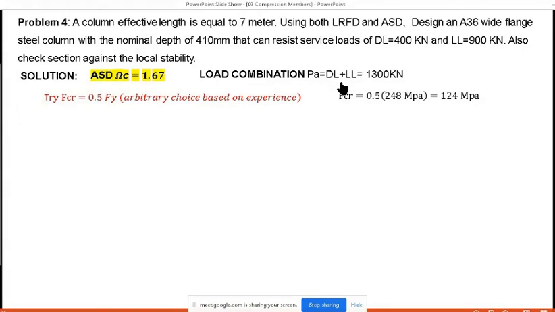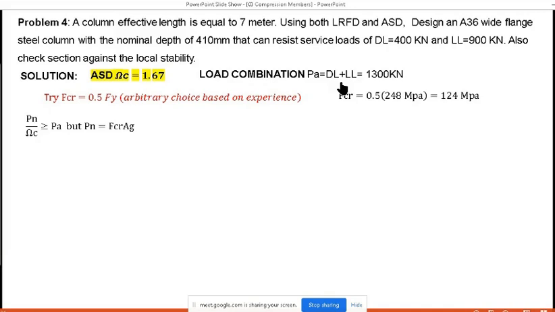So yung ating FCR, which is our flexural buckling stress, is equal to 124. That is 0.5 times yung Fy natin na 248. So that is 124 MPa. So meron ka ng FCR. So ang sabi sa code, our allowable strength should be greater than our PA, yung ating service load.